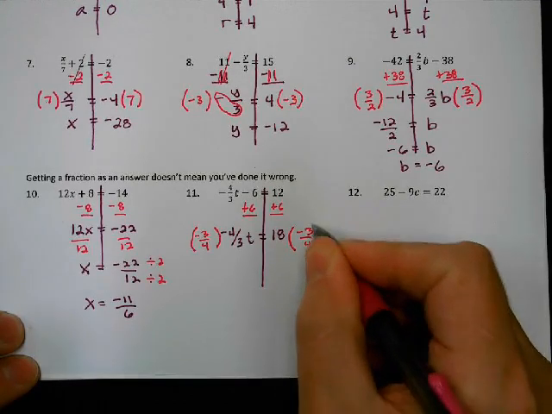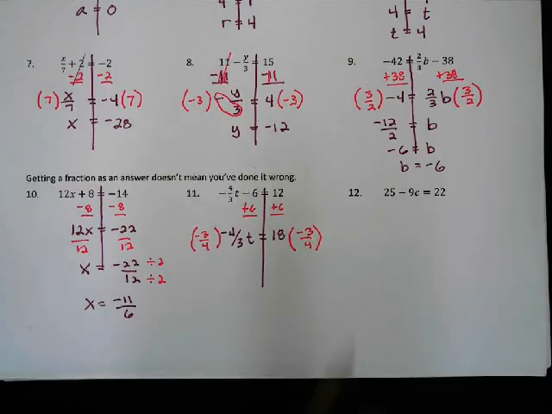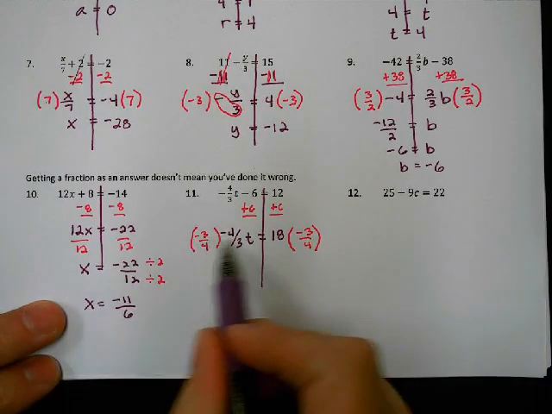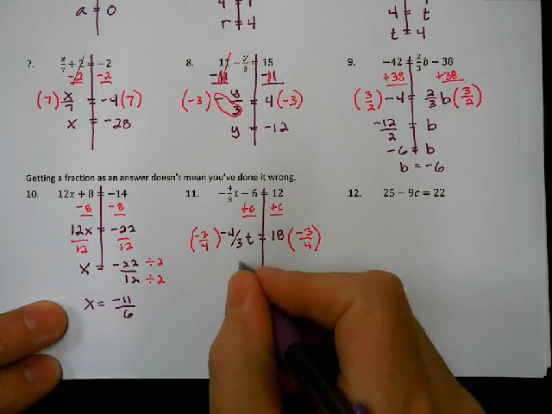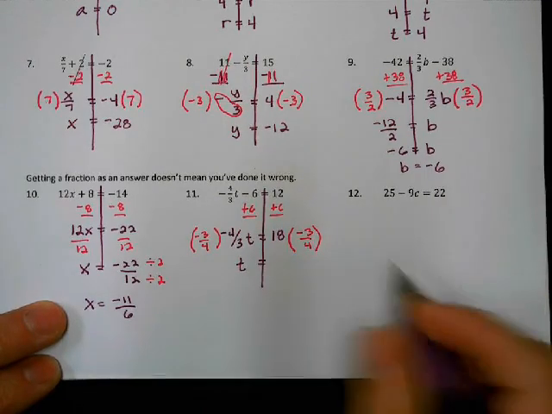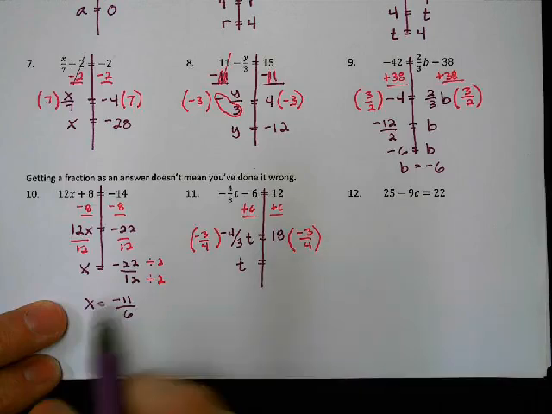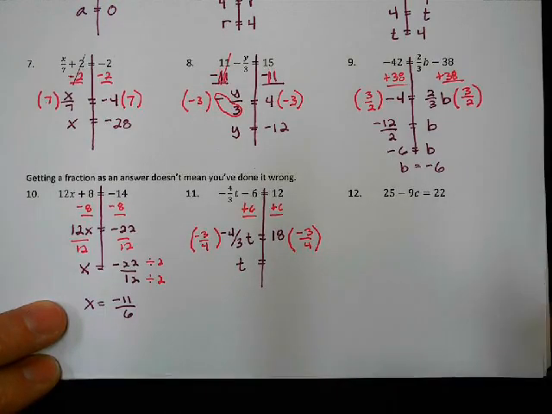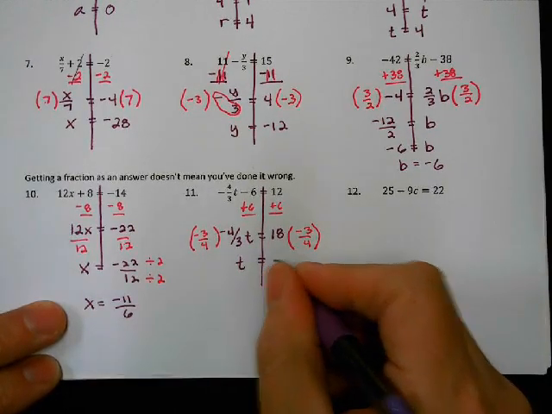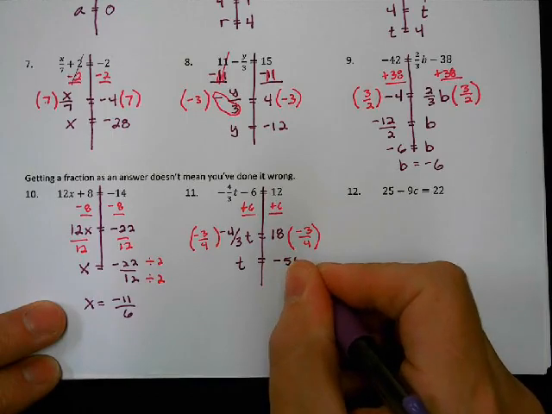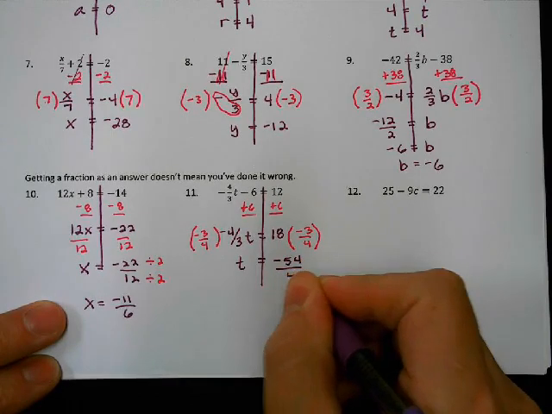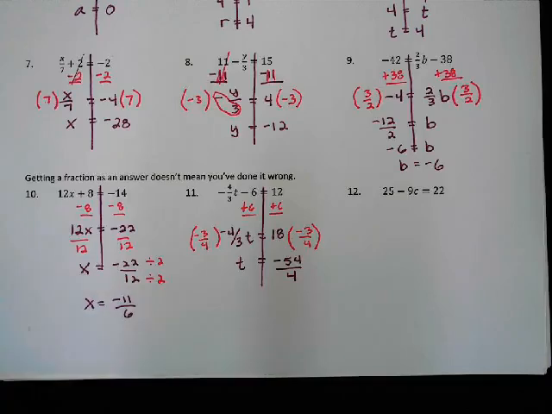So over here, the multiplicative inverse reduces this to 1. So I get t equals, all right, 18 times negative 3. You might need to pull out your calculator, and that's fine. It's negative 54, I think. Pretty sure. All right, so we look at that. I see that both numbers end in an even number, so 2 has to go into this.